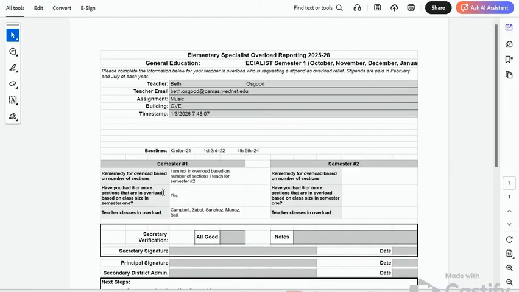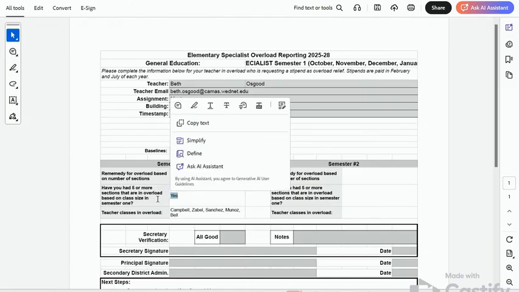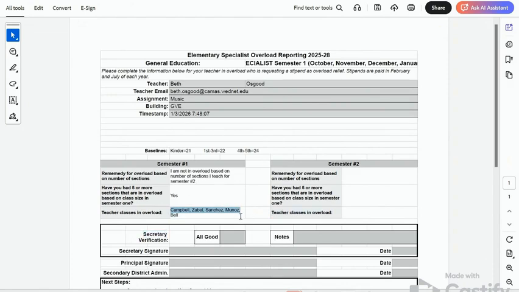Or if there are more than 5 classes that are in overload, then they would also qualify for overloads. So if they click yes, they have 5 or more classes that they see a week, then they're going to write in the names of those teachers that they see classes that are in an overload.